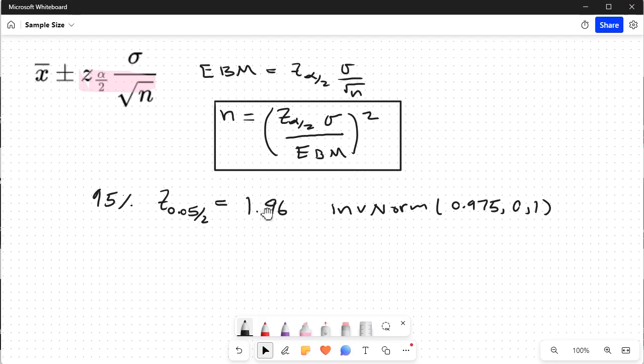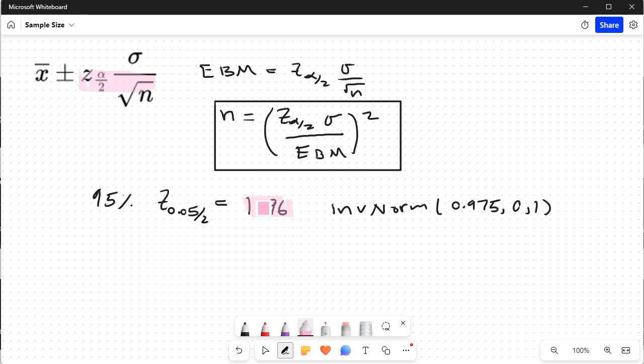So we have our 95% confidence critical value. Sometimes we don't even put the alpha over 2, but just put a z asterisk to denote the critical value.